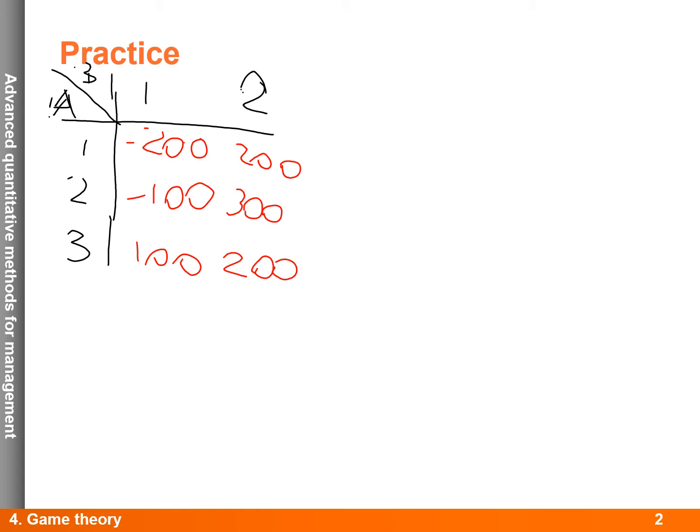The first step, we want to know if we have a pure strategy. It means that one of these six elements is our saddle point, our pure strategy, or not.